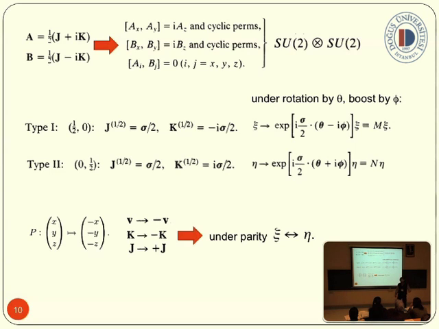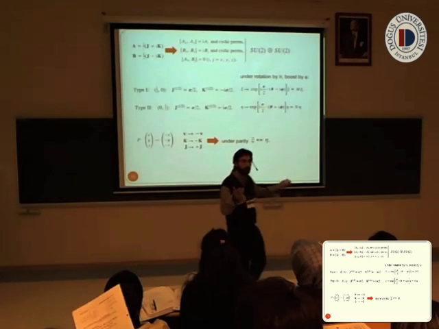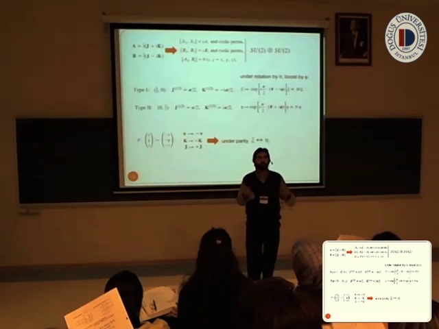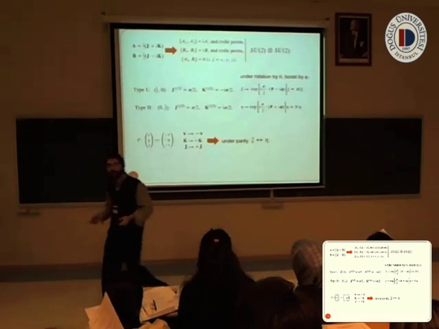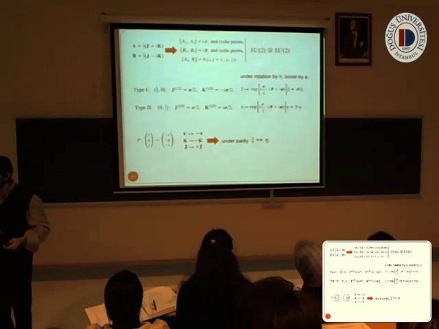In terms of these new operators, the commutation relationships separate. You have one set of commutation relationships for A, one set for B. And each is the commutation relationship for angular momentum, for SU2. So you have two independent SU2s. The Lorentz group gives you two independent SU2s.